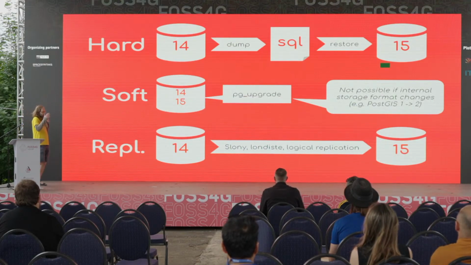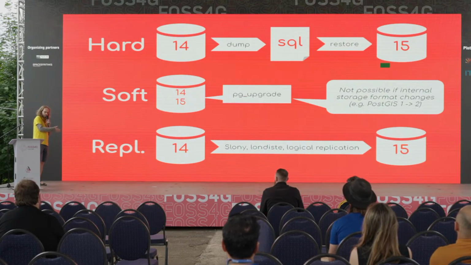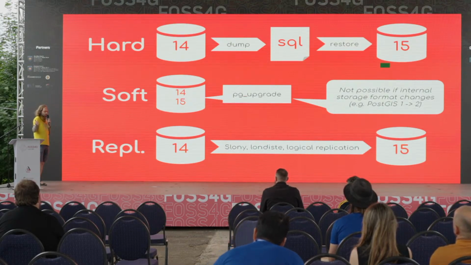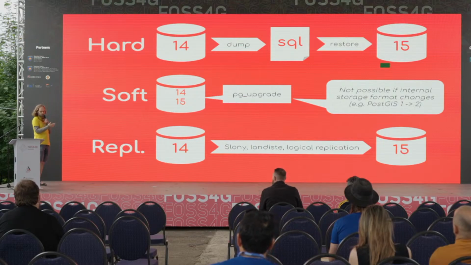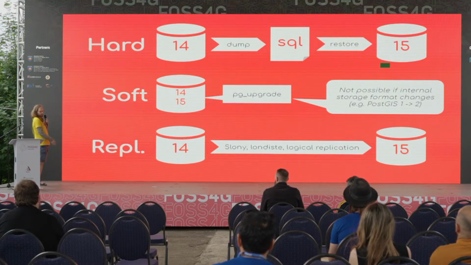And whenever the internal storage format of PostGIS changes, maybe then this is the only way you could do this. Between PostGIS 1 and 2, you had to do this because they changed the internal format. They did it too between 2 and 3, but it was still possible to do the soft upgrade, fortunately.